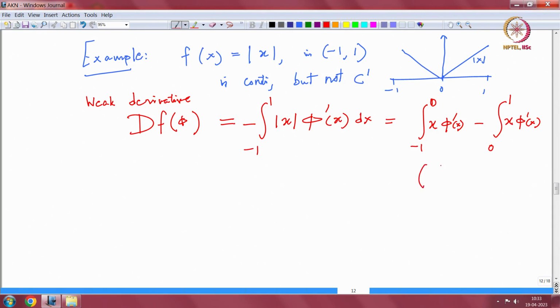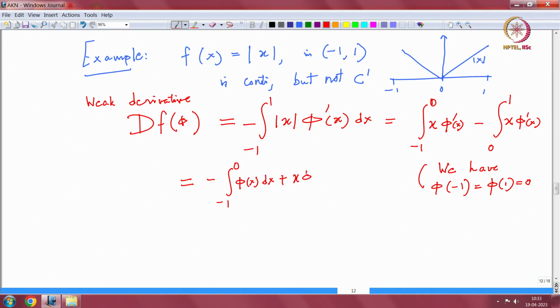So, we have phi at minus 1 equal to phi at 1 is equal to 0, but phi at 0 need not be 0. So, you can do an integration by parts. Once you do an integration by parts, you get minus the integral from minus 1 to 0, differentiate x, you get phi of x dx, and then you have the boundary terms.